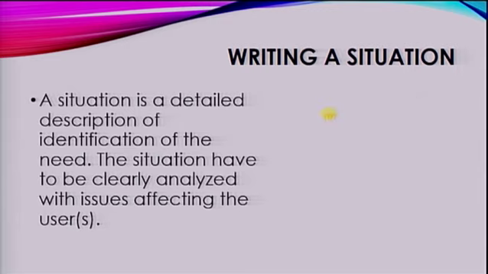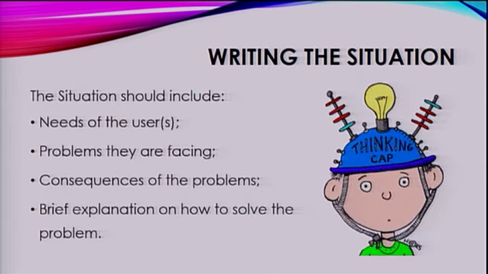The situation must be clearly analyzed with issues affecting the user. While writing the situation, there are some main things that should be considered, such as needs of the user, problems they are facing, consequences of the problems, and a brief explanation on how to solve the problem.